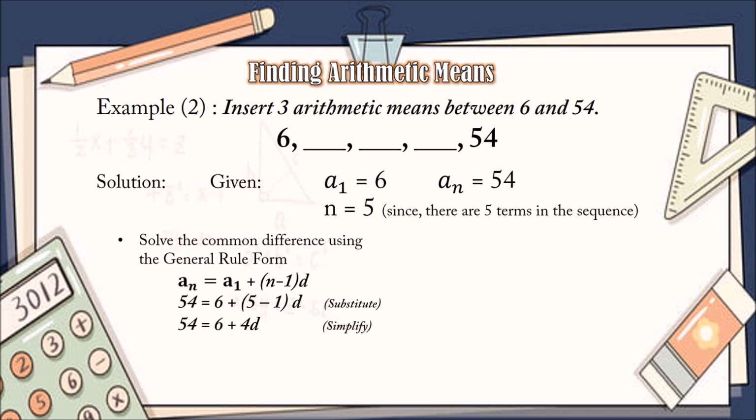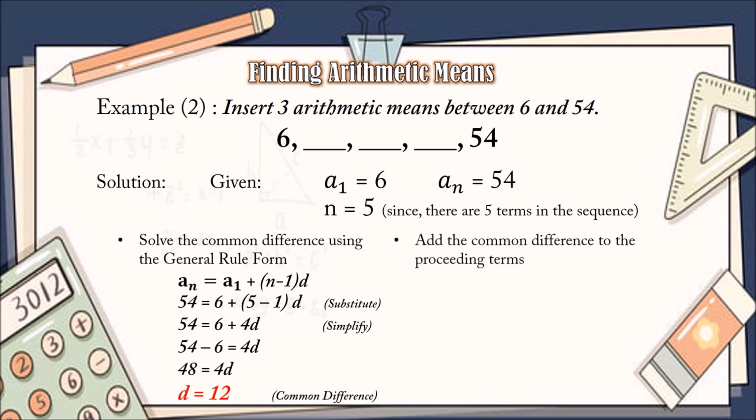So we are going to simplify. We will have 54 is equal to 6 plus 4d. Simplify again. We have 54 minus 6 is equal to 4d. We have 48 is equal to 4d. So the common difference, we will have d is equal to 12.